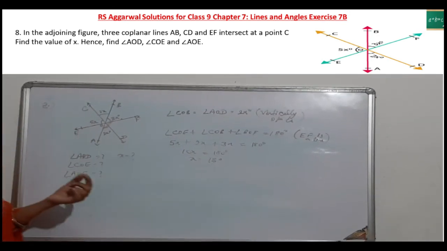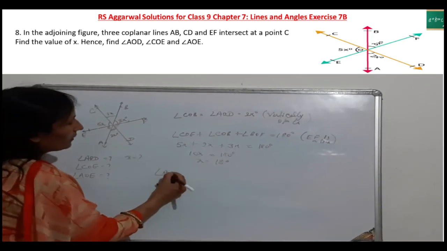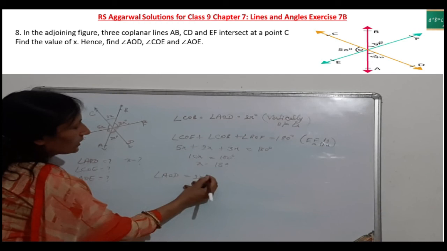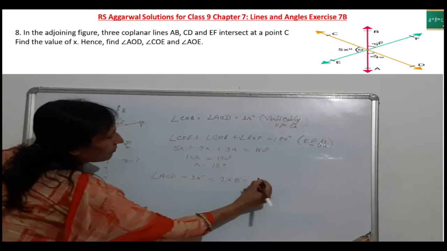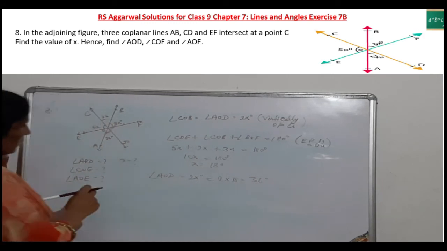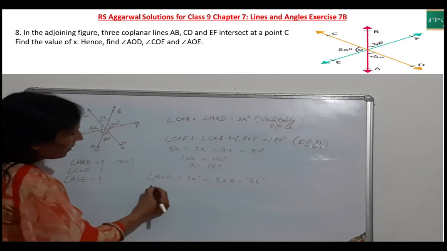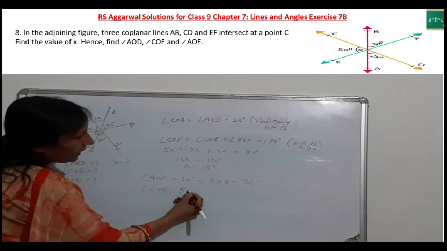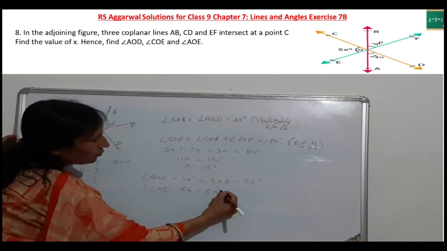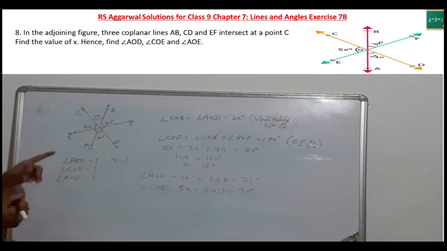So x we got. Now we have to find angle AOD. Angle AOD is equal to 2x degrees. So we can write the value of x, 18, then 36 degrees. Then angle COE is equal to 5x. So 5 into 18 is equal to 90 degrees. Then angle AOE.